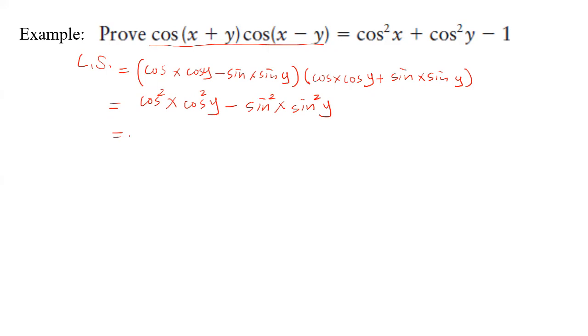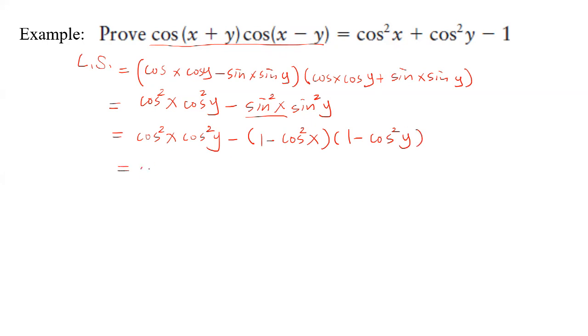And note that this can be further rewritten as cosine x square cosine y square minus, so note here there is no sine x on the right side, right? So we can convert sine x square to 1 minus cosine x square, right? Also, there is no sine y square on the right. So rewrite sine y square to 1 minus cosine y square, right?